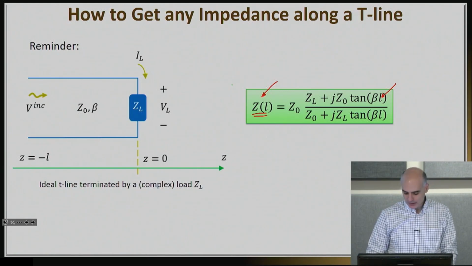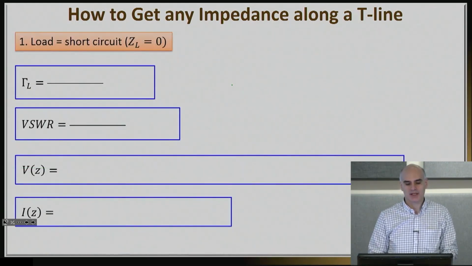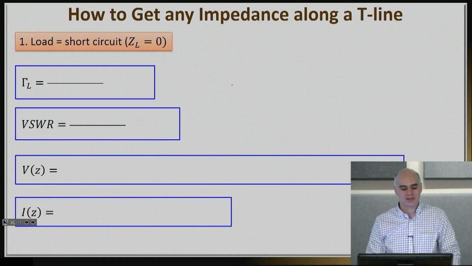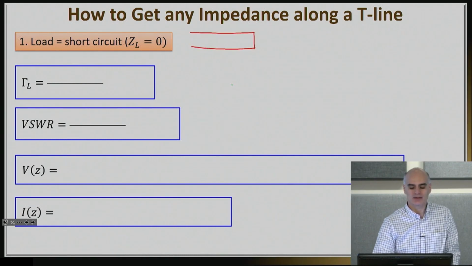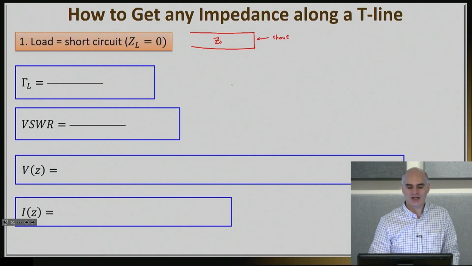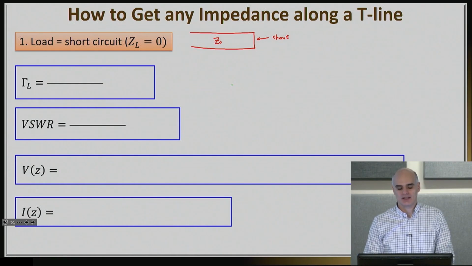So let me give you some explicit examples so you can get a real feel of how this works. Let's assume that I have a transmission line that is shorted at the end. So here's a transmission line Z0 with literally a short at the load. This is something you can do in real life really easily.